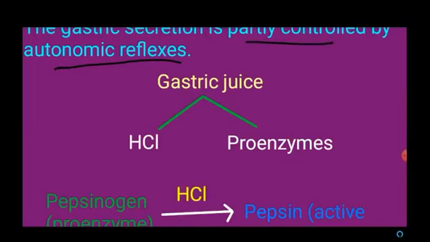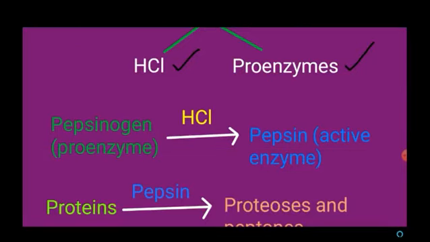The contents of the gastric juice are hydrochloric acid and proenzymes. The proenzyme it possesses is pepsinogen. When a word contains nogen as a suffix, you can easily understand that the substance is in an inactive state.